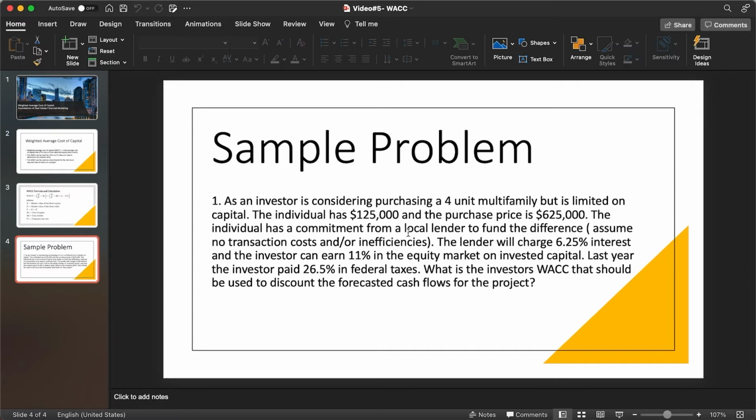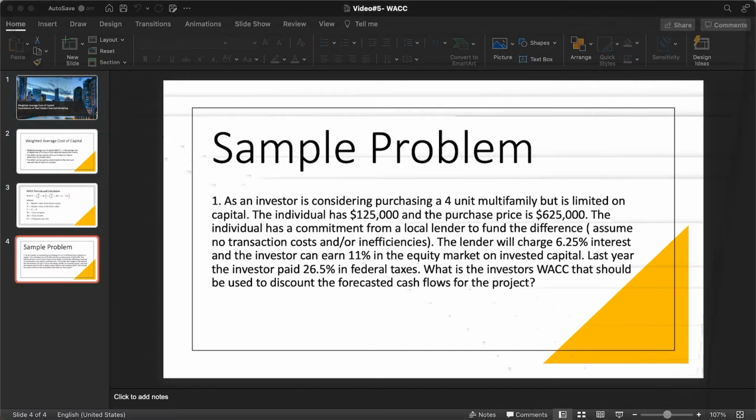The lender will charge 6.25% interest, and the investor can earn 11% in the equity market on invested capital. Last year, the investor paid 26.5% in federal taxes. What is the investor's weighted average cost of capital that should be used to discount the forecasted cash flows for the project? Okay, let's jump into it.